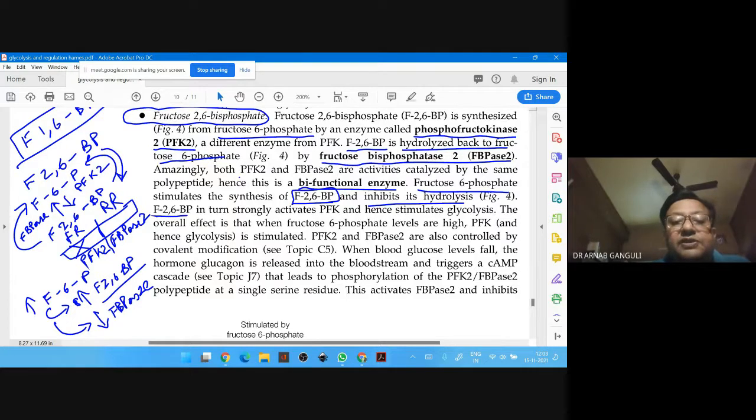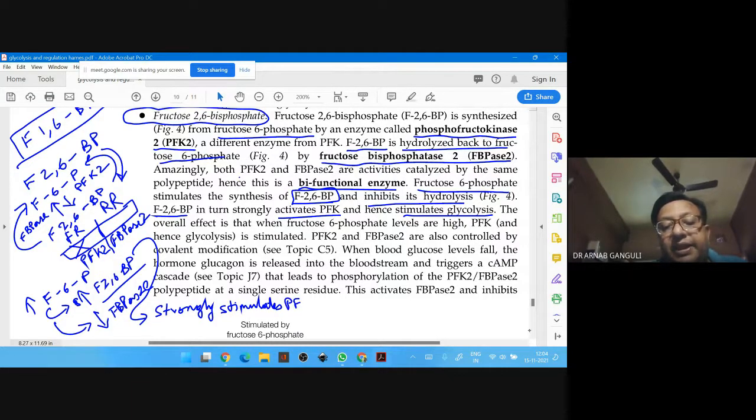Fructose 2,6 bisphosphate in turn strongly activates PFK and stimulates glycolysis. PFK, remember, converts fructose 6 phosphate to fructose 1,6 bisphosphate.